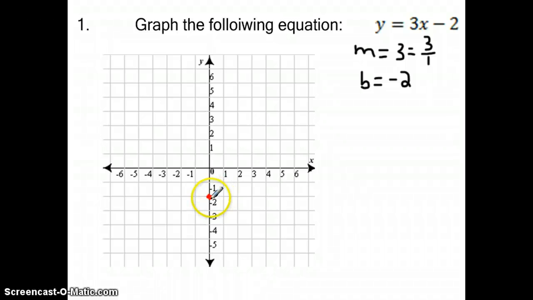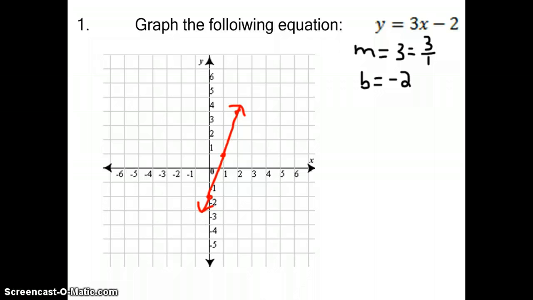We know we're going to rise 3, 1, 2, 3, and run 1. We could keep doing that if we wanted, keep rising 3, running 1, and making points, or we could just stop after the first two. We know it's a linear equation, and it's going to make a line, and then we just make sure to draw our arrows to show that it goes on in both directions.